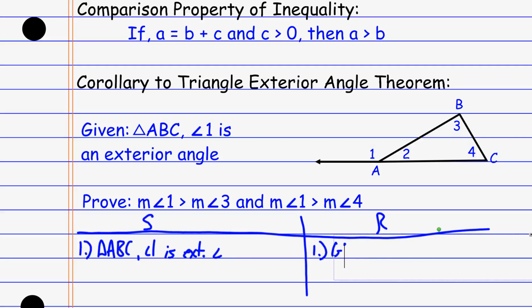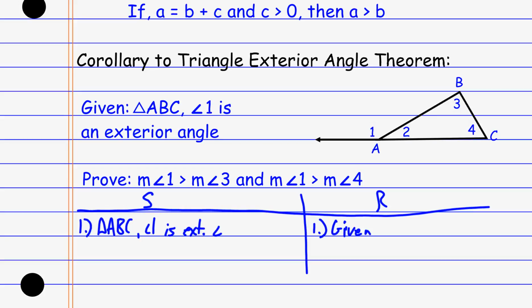And that's given. And so then the next thing I can do here is I can use that triangle exterior angle theorem to say that I know that the measure of angle 1 equals the measure of angle 3 plus the measure of angle 4.